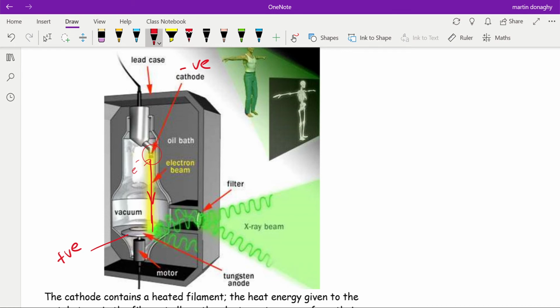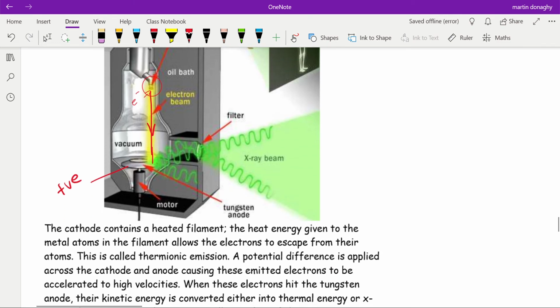And what we want to happen is that the kinetic energy in those electrons then gets transferred into X-rays. Okay. For that to happen, we need a vacuum in that chamber so they don't hit into air particles and get slowed down on the way. However, it's a very inefficient process, this.